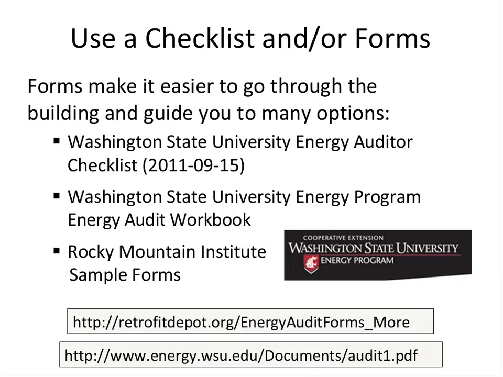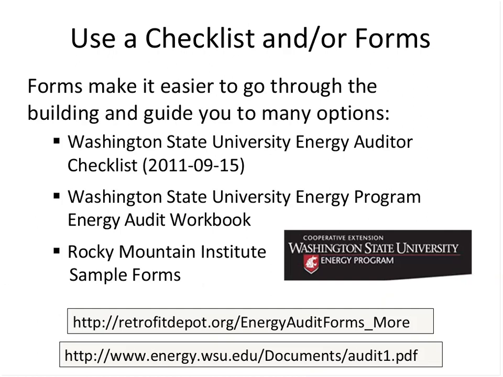Now, we recommend that you use a checklist or forms when you go through a building. It just makes it easier. You tend not to forget things that way. And there are, on the web, plenty of samples of forms and checklists out there. Washington State University has an energy audit checklist that you can find. They have an energy audit workbook.